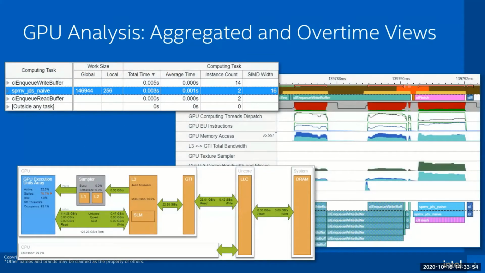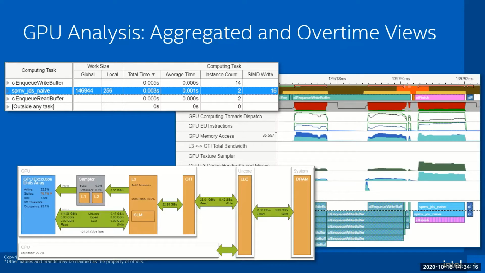VTune is quite a known tool for analysis of applications on CPUs, but now with GPU, we have aggregated views for data based on either kernel or function calls or different other angles of view of the collected data.